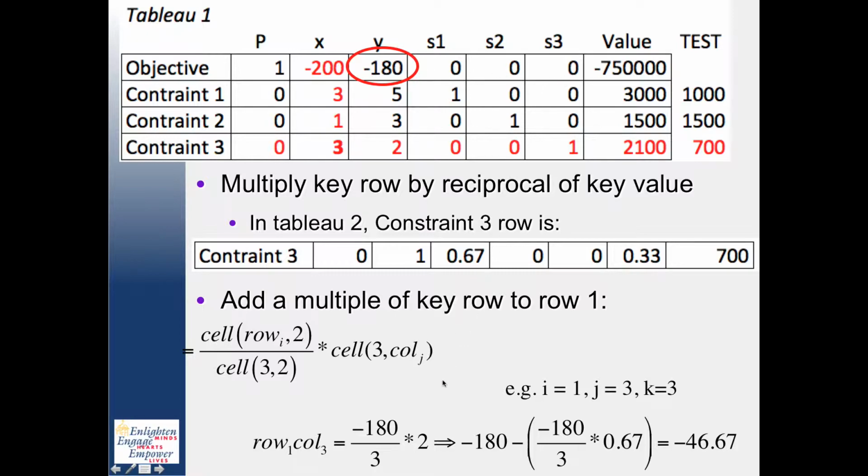That's all I'm doing. So I did it with the minus 200 and got a 0. I'm doing it with this one, minus 180, minus that little equation here, and that'll come out to minus 4667. So I'm going to replace this value with minus 4667.